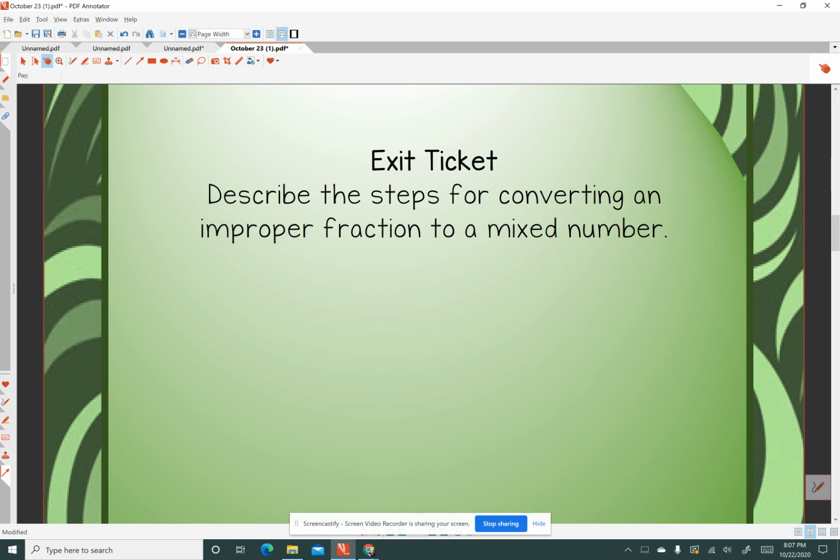So we have to find the least common multiple, and that is our new denominator.